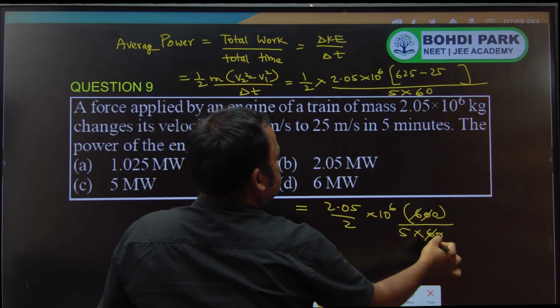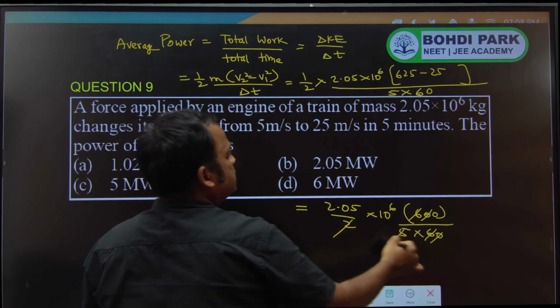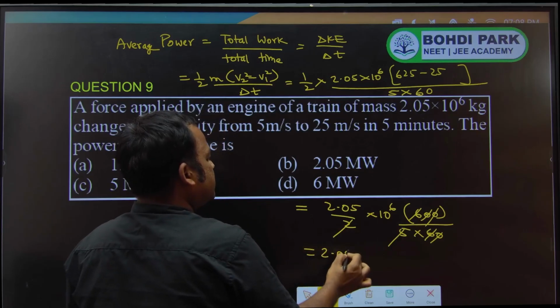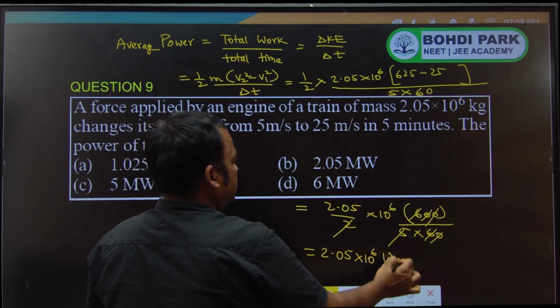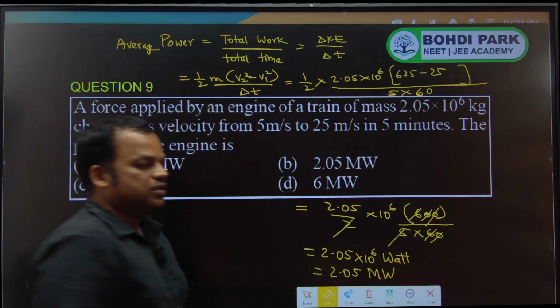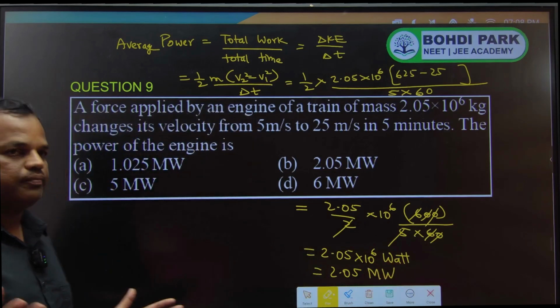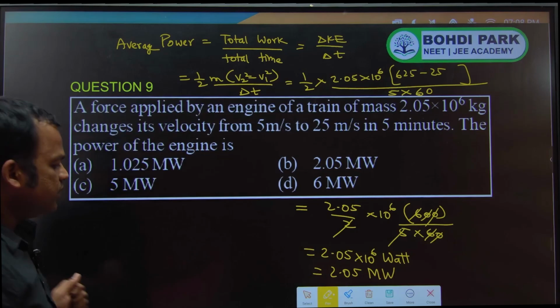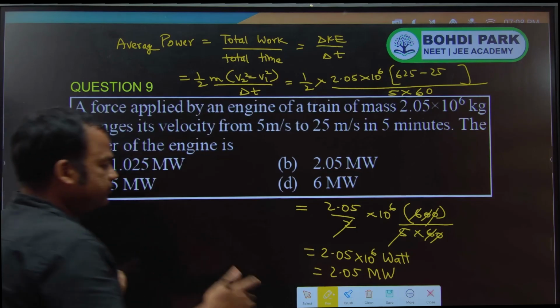So 60 cancels, 10 by 5 is 2, so all of this cancels. So 2.05 × 10^6 watt, or 2.05 megawatt. 10^6 watt means megawatt. Clear? Okay. Now next question.